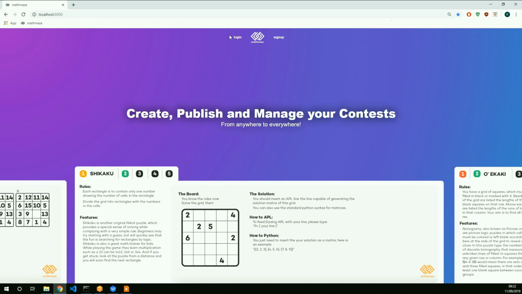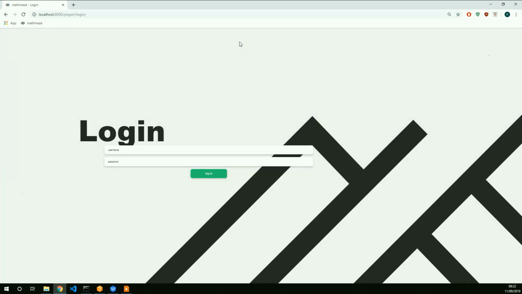Okay. So this is the main page, where you can log in and sign up. Of course, now I already made an account, even though I couldn't use it.